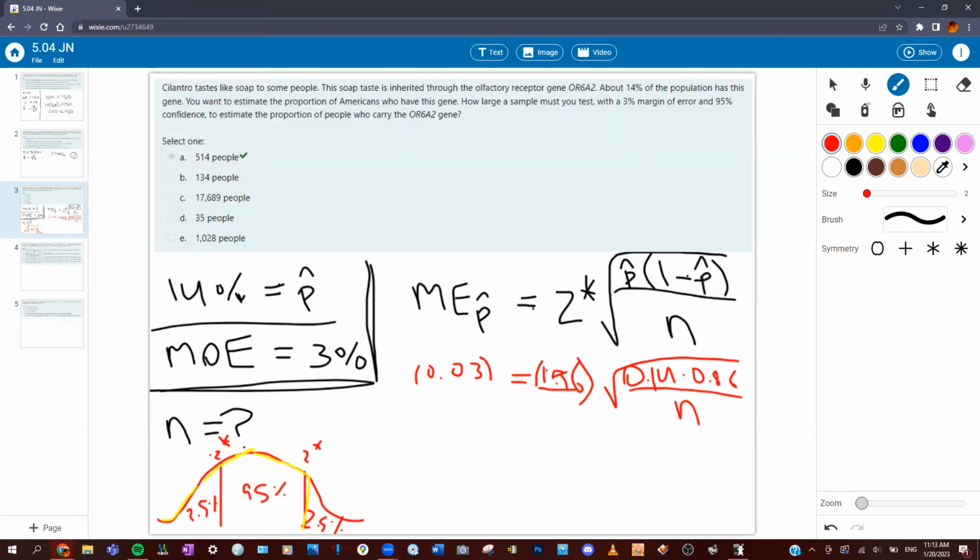But we would divide 1.96 on both sides. And so we get that on that side, and then we have to do 0.14 times 0.86, which is 0.1204.